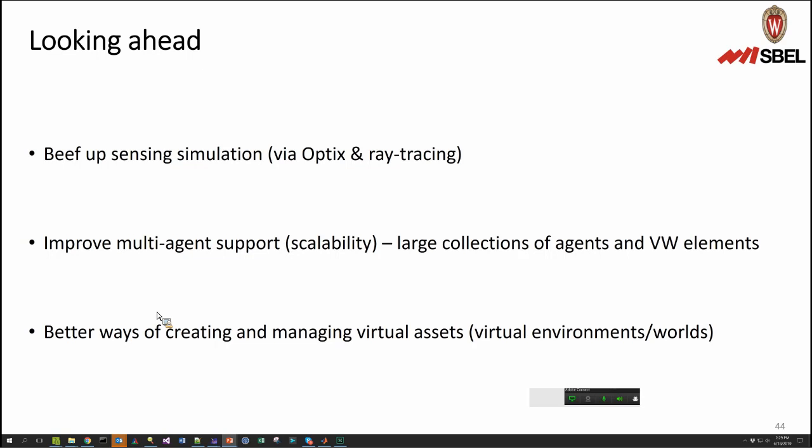Then we're interested in better ways of creating and managing virtual assets, in other words, generating the virtual environments and worlds. But here, most likely, we're going to reach out and work with other partners so that we don't reinvent the wheel.